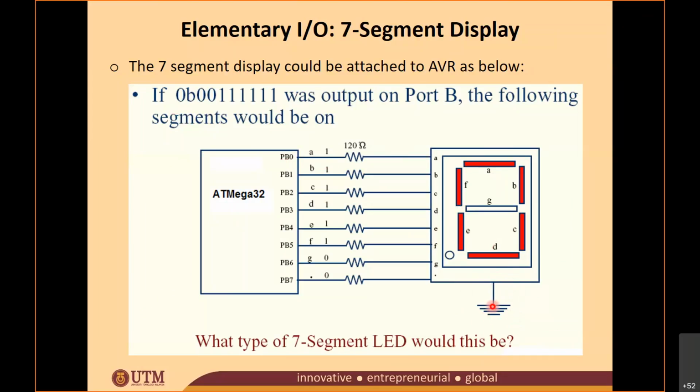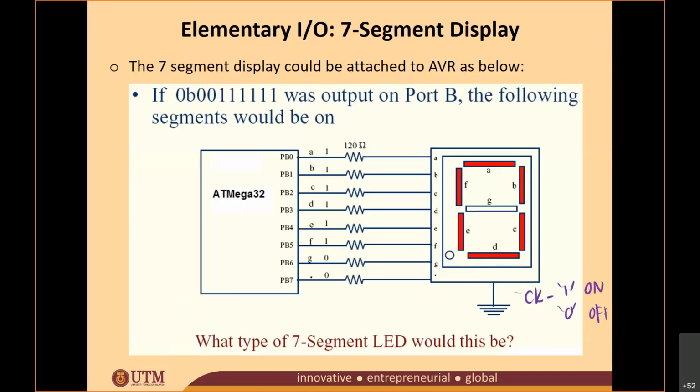So with a common cathode, when you give 1, the LED will turn on. You give 0, it will turn off.